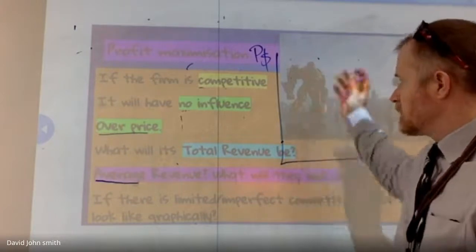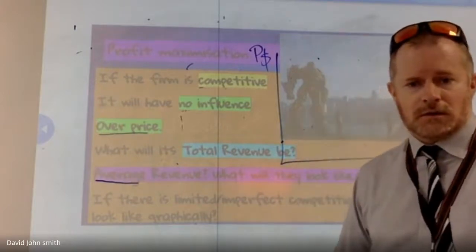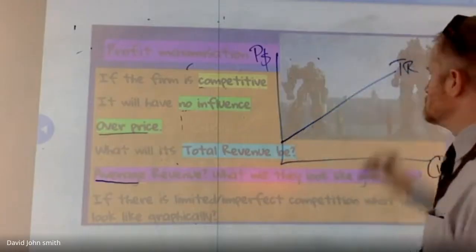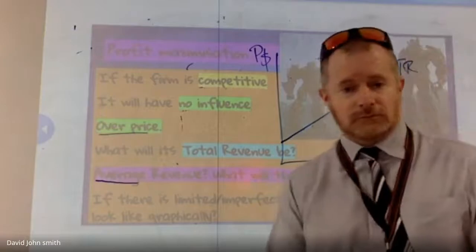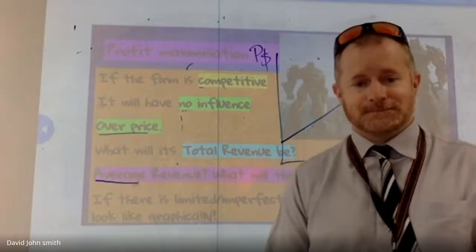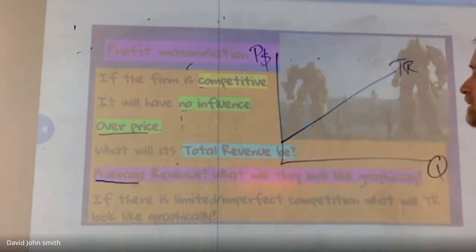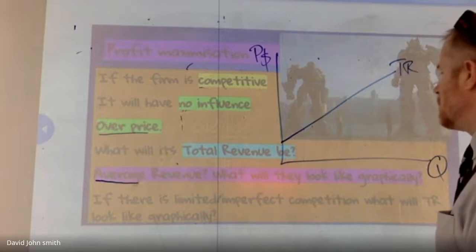And then where is it going to go? It's going to go up. Is this a straight line? Just like that. Now we're going to think potentially about other things as well, right?